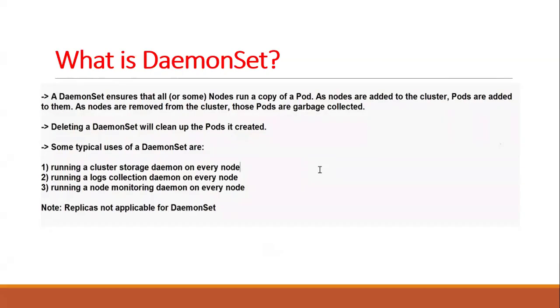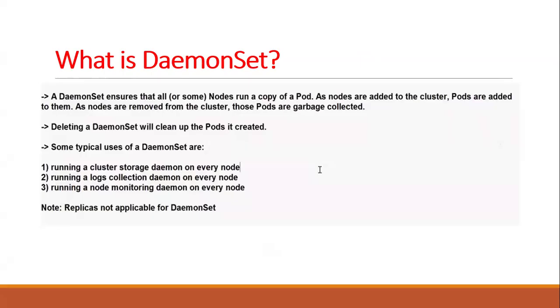Deleting the daemon set will clean up the pods created. Some typical use cases of a daemon set are running a cluster storage daemon on every node, running a logs collection daemon on every node, and running node monitoring on every node.